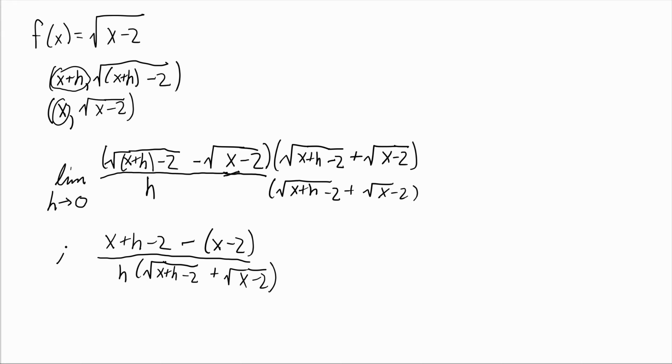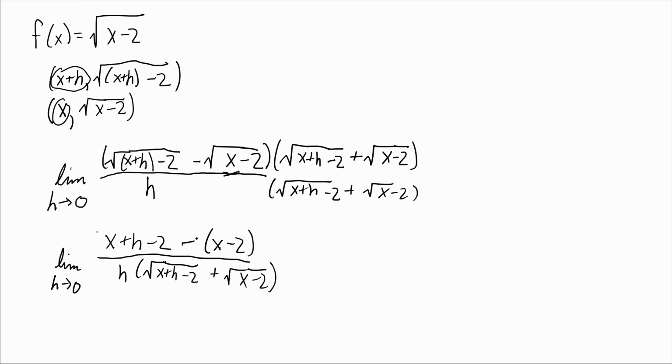Okay, and we're taking a limit as h approaches 0. Now, notice this is really nice. I see an x minus 2 here, and I see an x minus 2 here, but this one is subtracted. So it's like you're subtracting away what you had here.